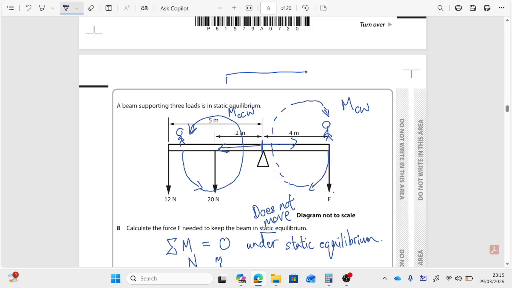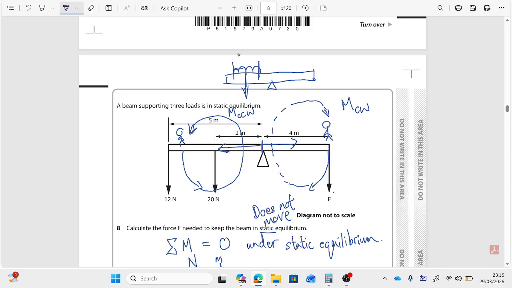Now, in the exam, you have to be careful. There's also the so-called uniformly distributed load. So that's slightly more, gives you more marks if you like. It's set up as this symbol here. Because the load is quite wide, you have to find the average, which is the load centered at the position of this width.